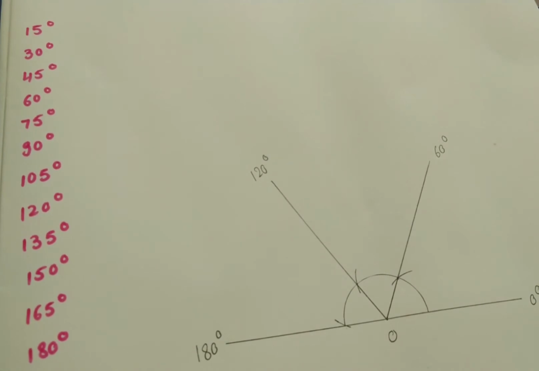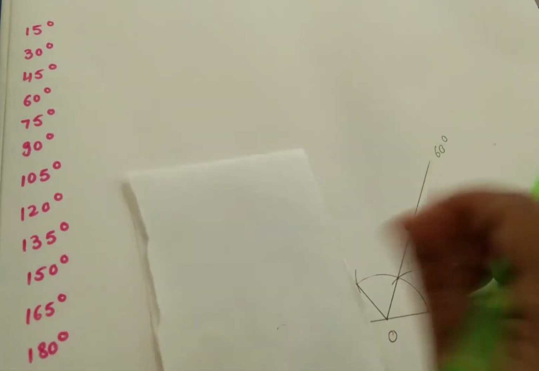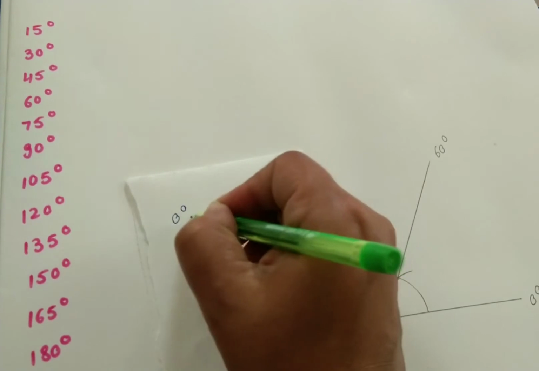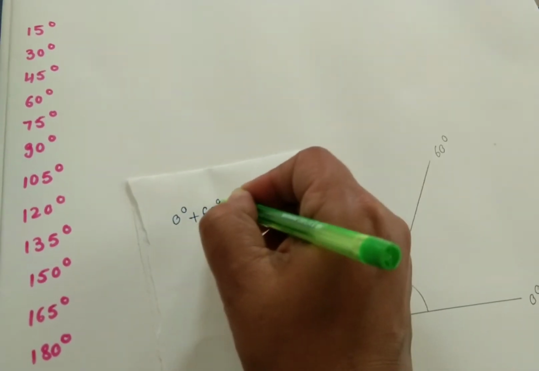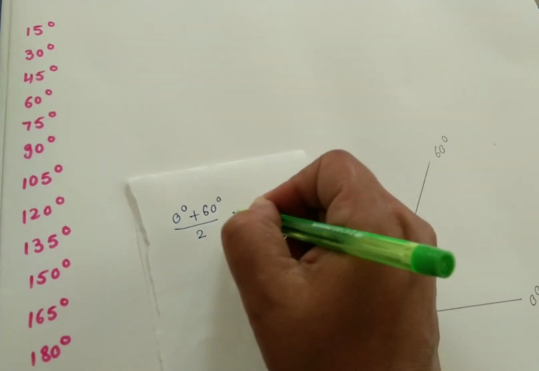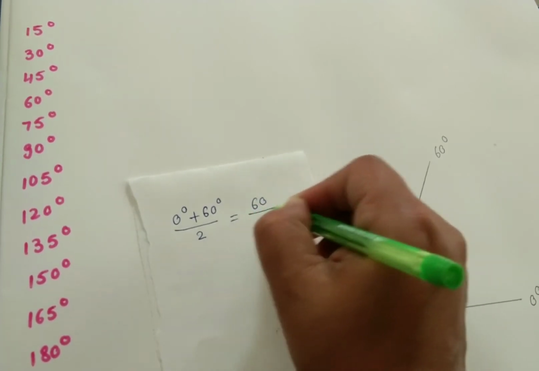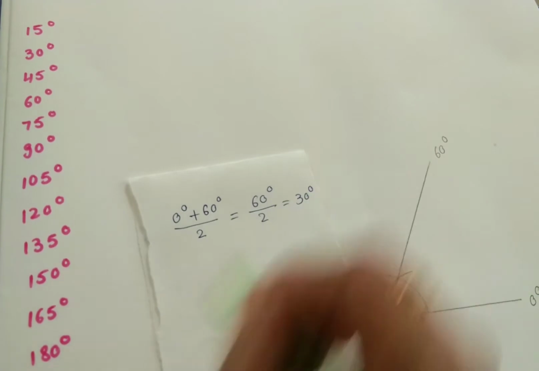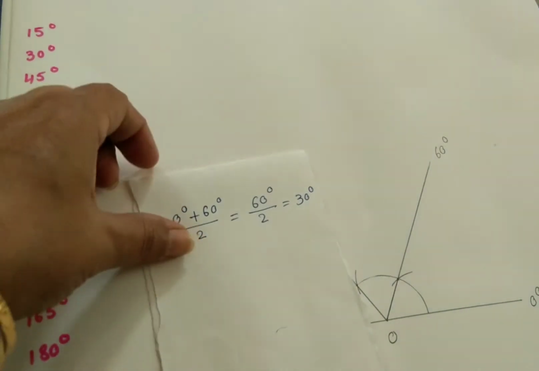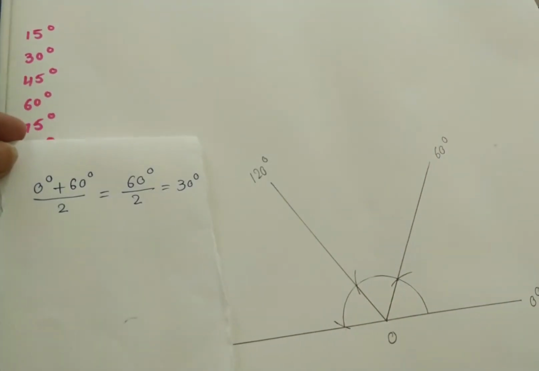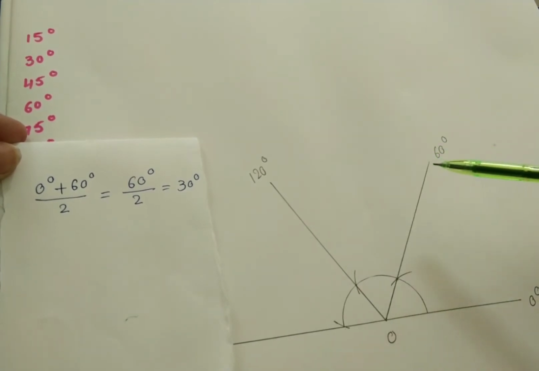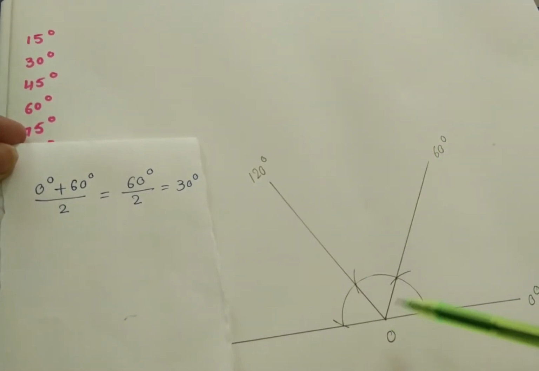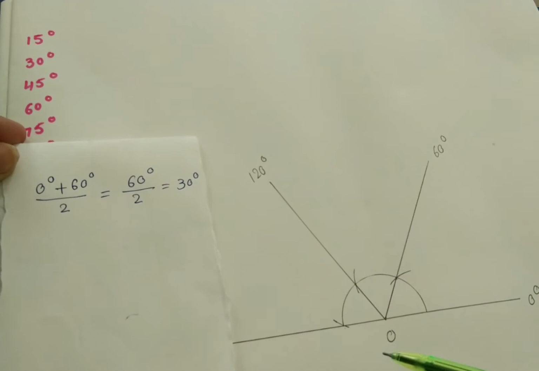When we do the bisector of angle 0 degree plus 60 degree divided by 2, then we will get 60 by 2, which is equal to 30 degree angle. It means when we do the bisector of 0 degree and 60 degree, in between we will get 30 degree angle.